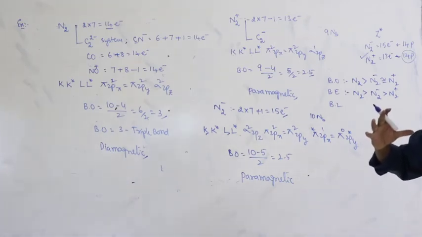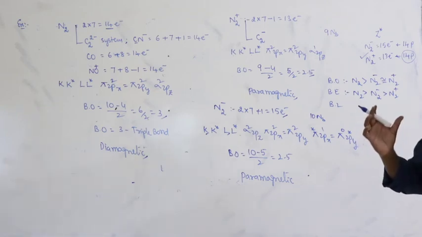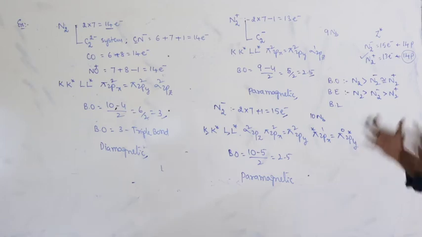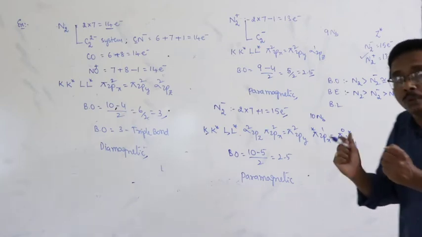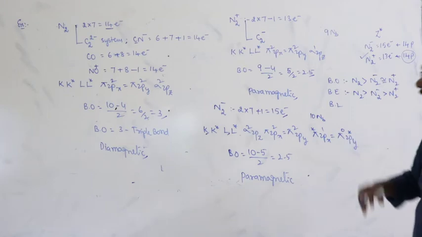Therefore the size of the ion decreases and the two atoms come closer and the electrons are strongly held by the nucleus. Then it is very difficult to break the bonds between the two nitrogen atoms.